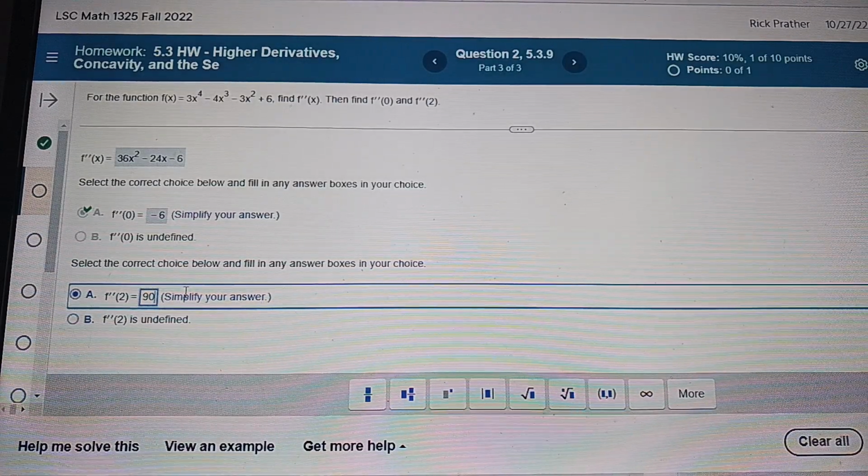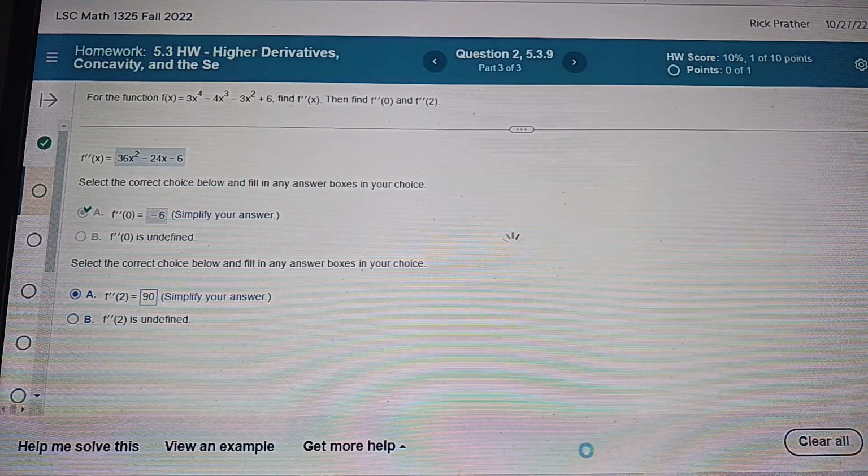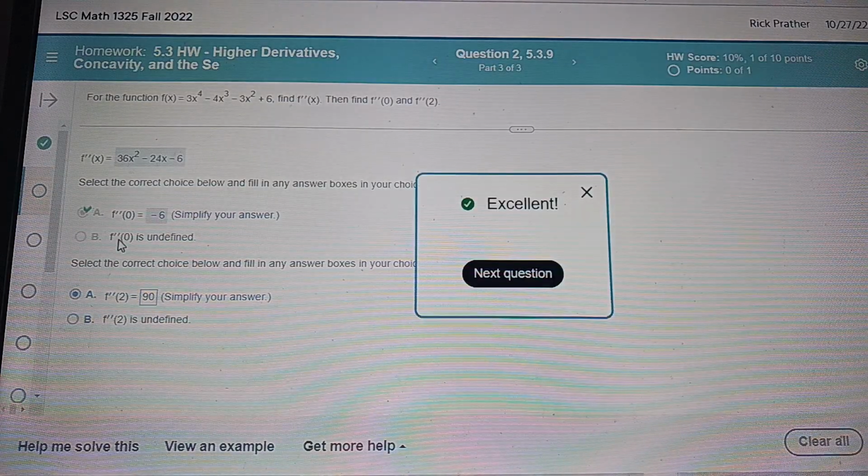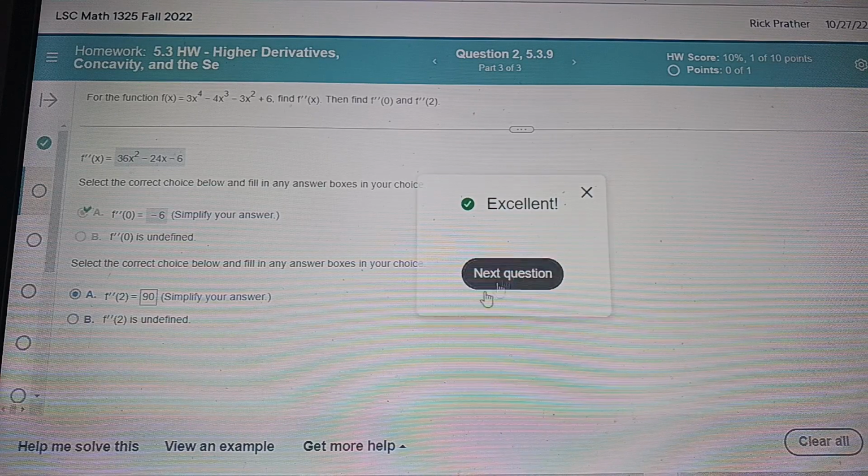But more importantly, positive 90. So the second derivative is negative first, and then it's positive second. Something's happening in between there. The point where it changes from negative to positive is 0. That tells us that it hits 0 at some point in between there.